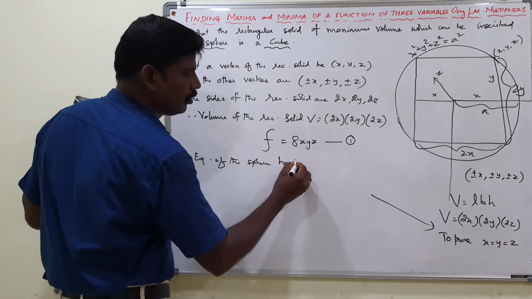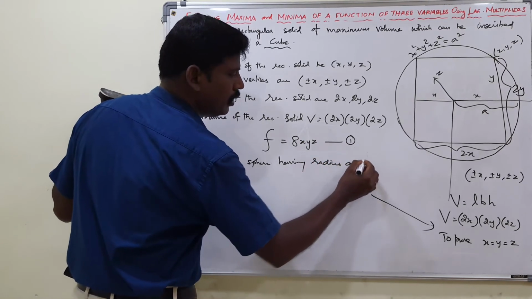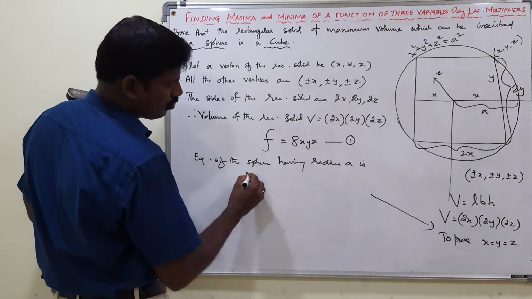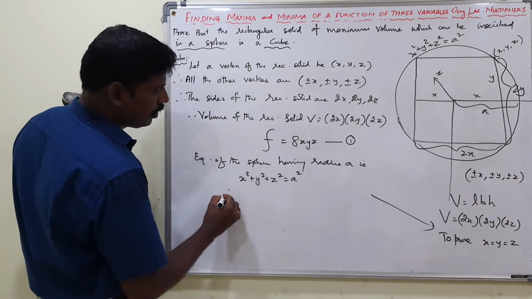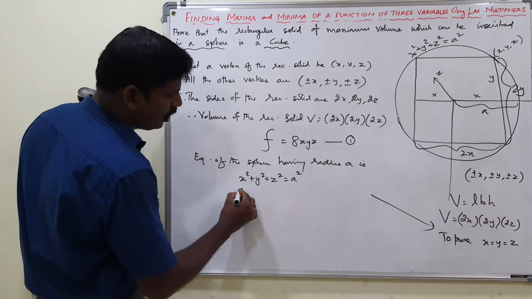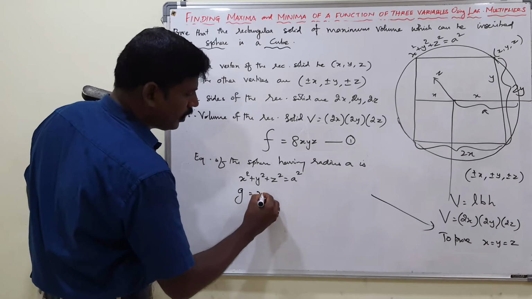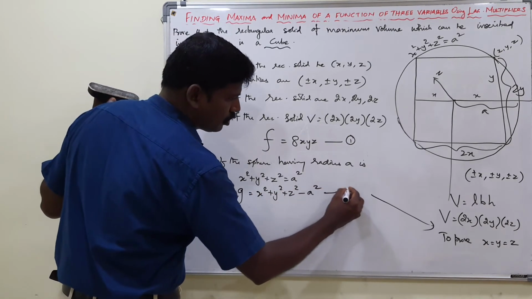Therefore, taking g, x square plus y square plus z square minus a square, equation number 2.